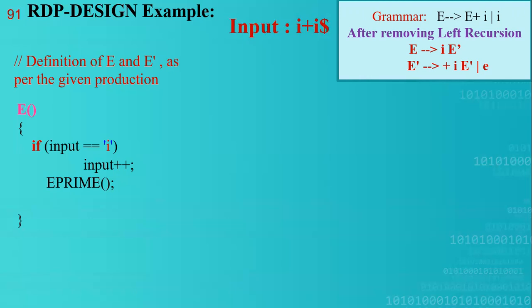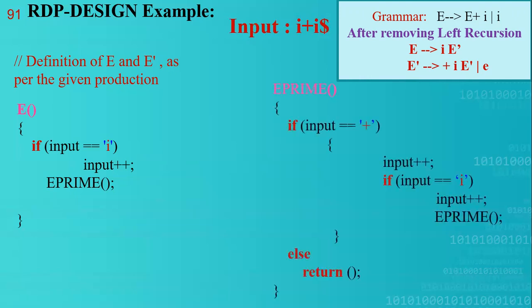Then what is the other thing? The next symbol is a non-terminal E prime, so I have to call the second function, that is E prime. So I am writing this function name as E prime. So there is a call to the next function, E prime, from here.